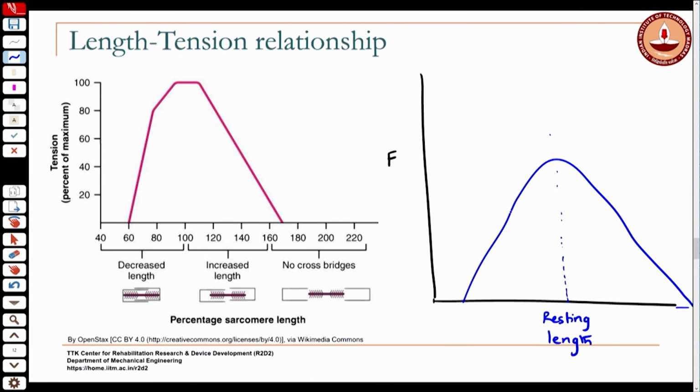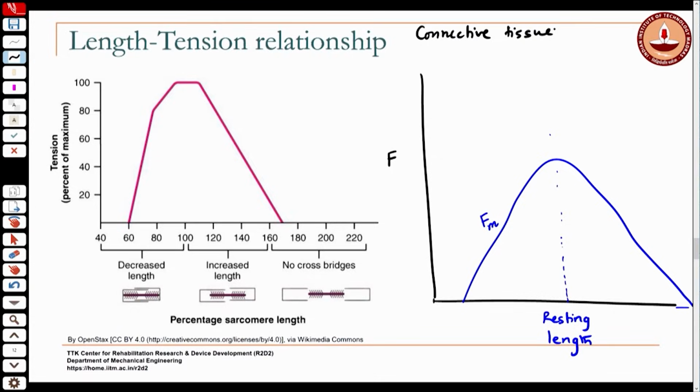This is the force generated by the muscle, the contractile component of the force, and similar to the sarcomere case, close to the resting length is where you see the maximum force production in the actuator, the muscle.